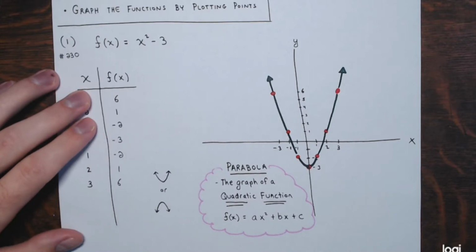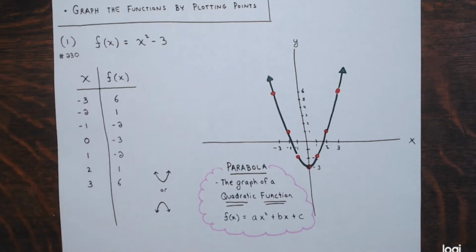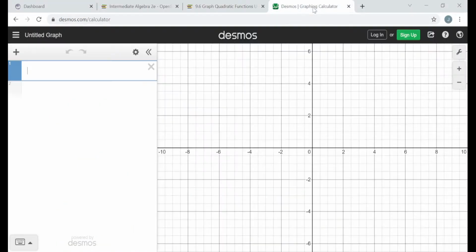Okay, great. And again, I'm going to show you a little better picture on the Desmos site. So remember, I've shown this to you in other videos if you've been watching. This is a free online graphing calculator at a site called desmos.com.